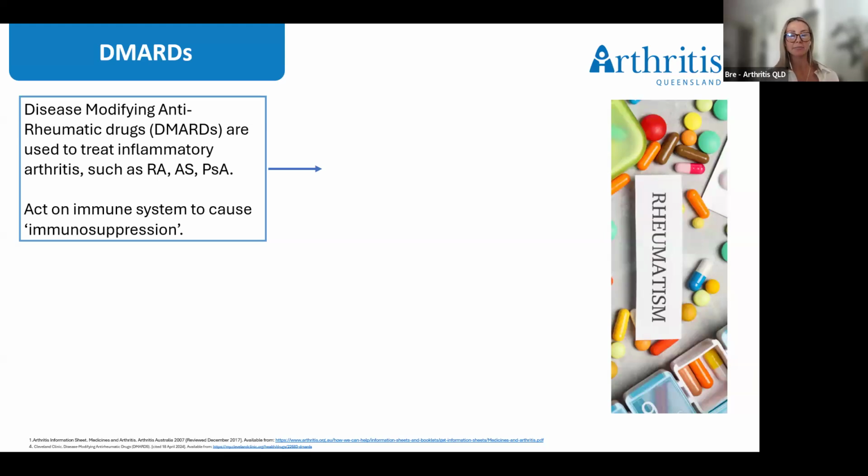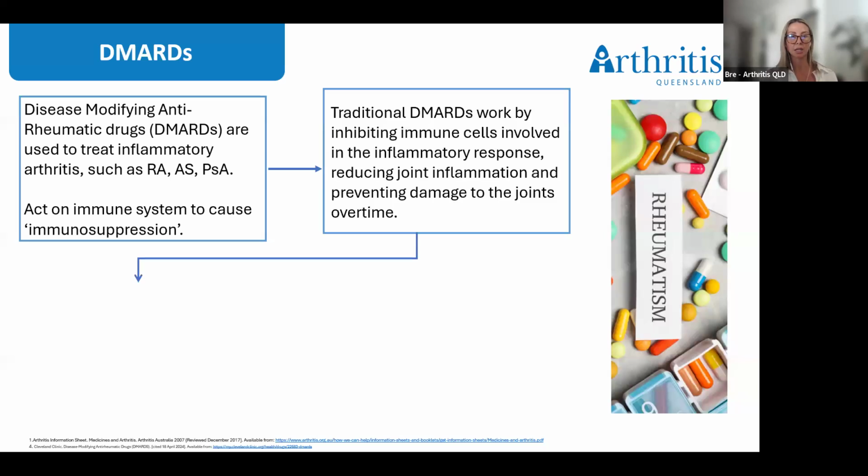Many DMARDs act on your immune system to cause immunosuppression. This reduces the activity of the immune system, which is attacking and damaging healthy joints. This can not only relieve symptoms, but can also reduce the risk of long-term damage to your joints.